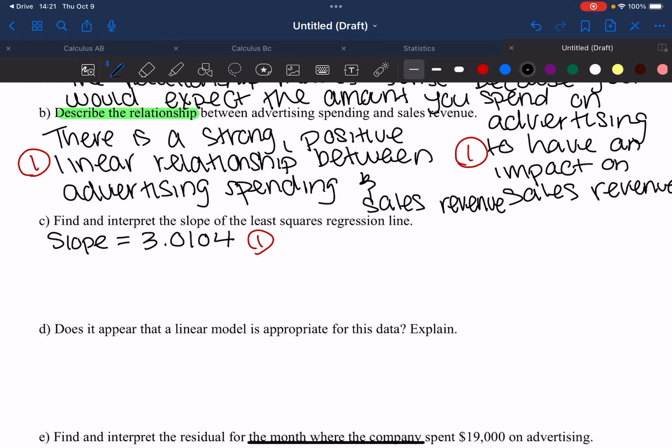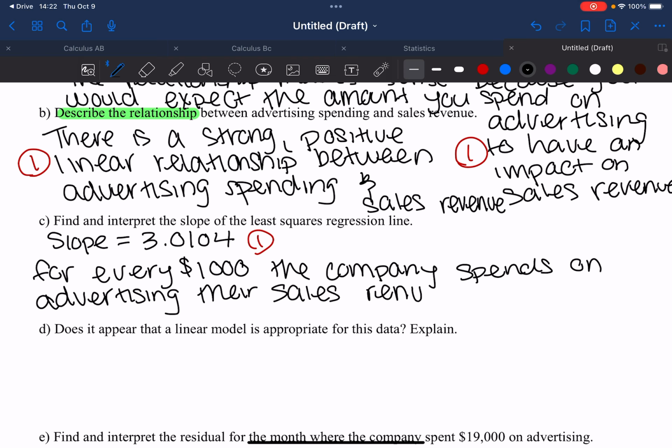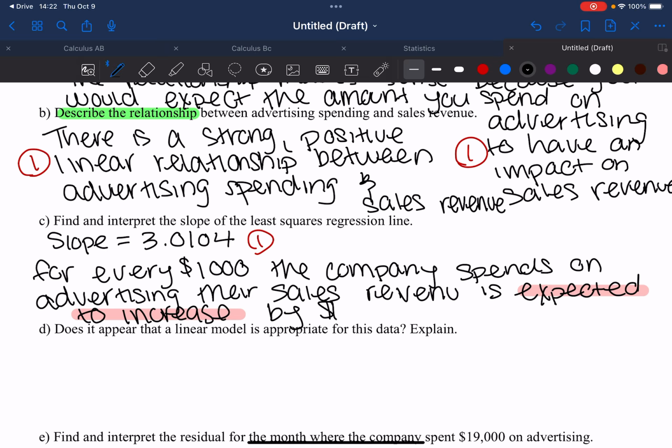Then it says interpret this. So you should have said for every $1,000 the company spends on advertising, their sales revenue is expected to increase, this was important, expected to increase by $3,010.40.